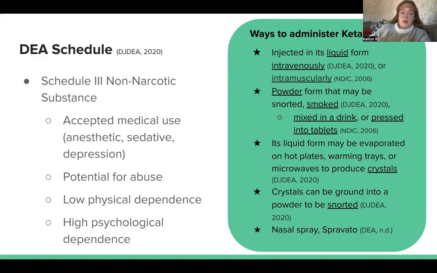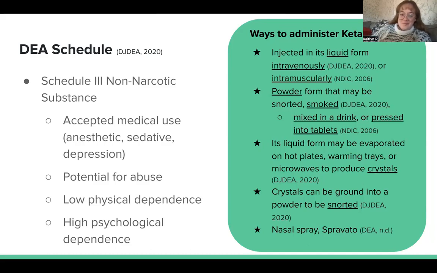So being scheduled as Schedule 3, usually Schedule 3 drugs are accepted for medical use, which ketamine is accepted to be used on humans and animals, like pain relief and as an, I can't think of the word.